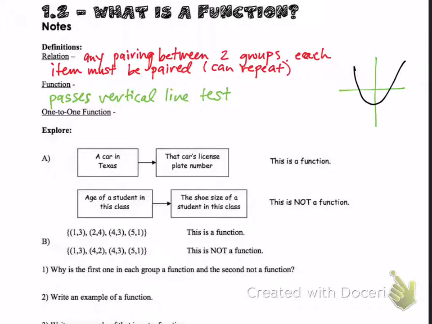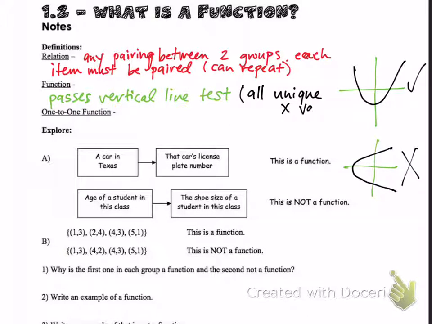No. If I had a graph that looked like this, and I did the vertical line test from left to right, is it ever going to intersect my pencil at more than one point? Yes. So I would say that this is not a function, but this is. So it needs to have all unique or all different. If you want to write the word different, that's okay. All unique X values.